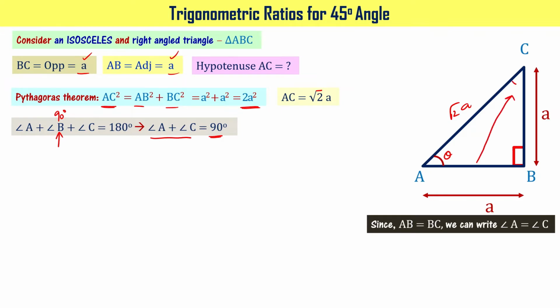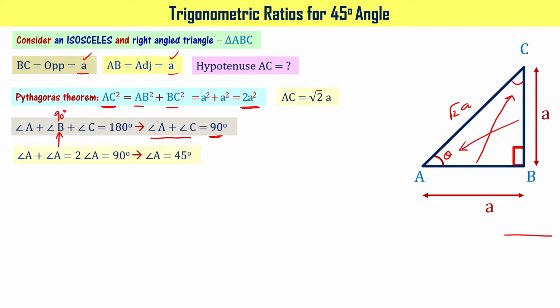It means angle C, okay, is equal to angle A, right? Angle A equal to angle C. That's what we have written here. If angle A equal to angle C, then I can write angle A plus angle C as angle A plus angle A, that is equal to 2 times angle A, that is equal to 90 degrees, right? It means angle A is equal to 45 degrees. Understood?